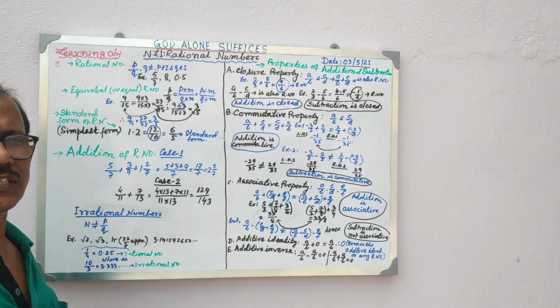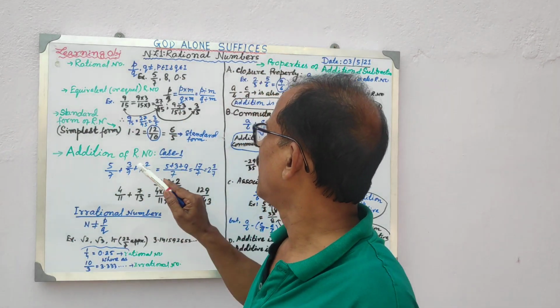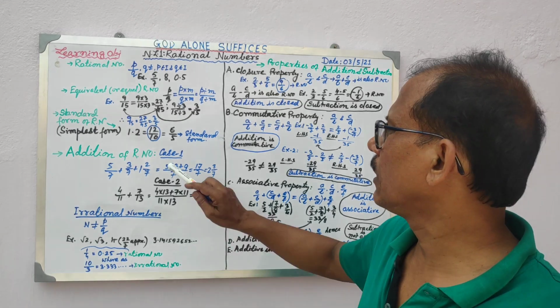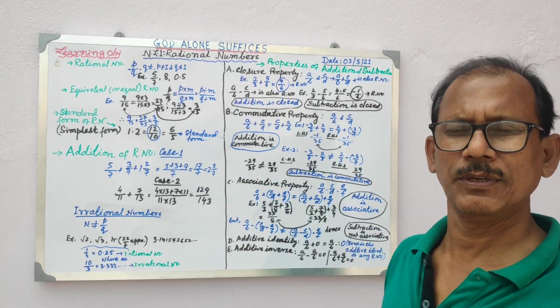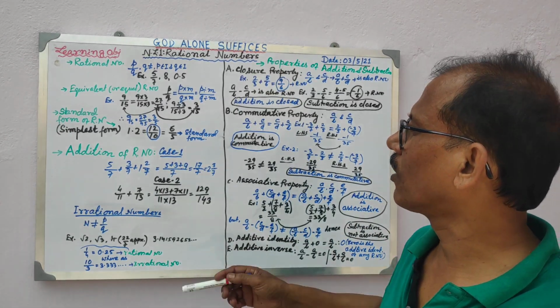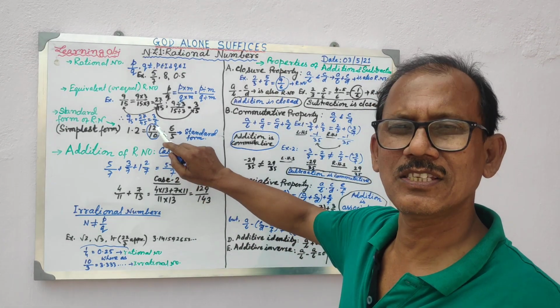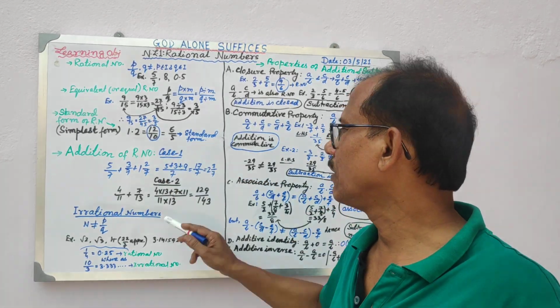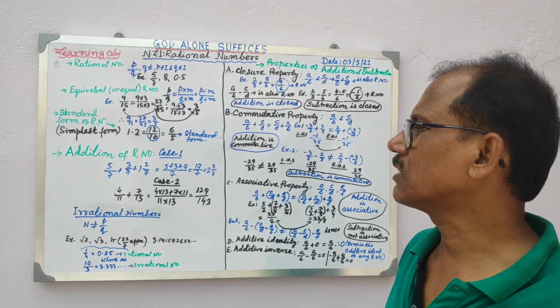So to make the smallest term, children, what you are supposed to do, among the numerator and denominator, you need to find the HCF and divide both by the HCF. If you take out the HCF of both numbers and divide the numerator and denominator by it, you will find it will be in standard form.